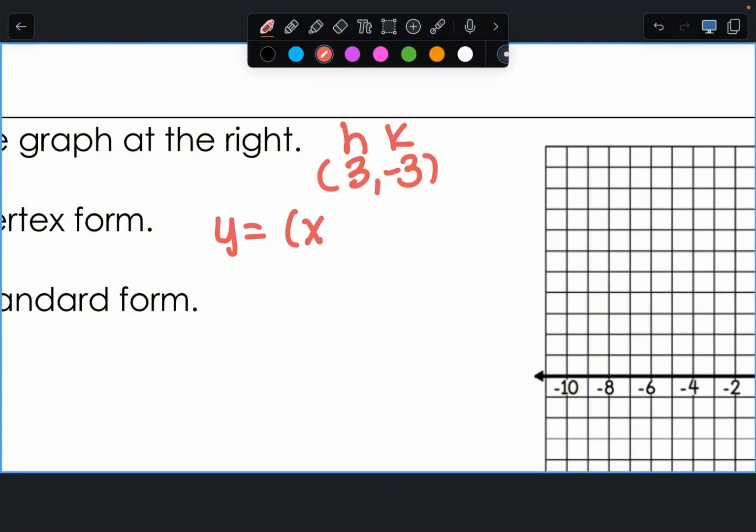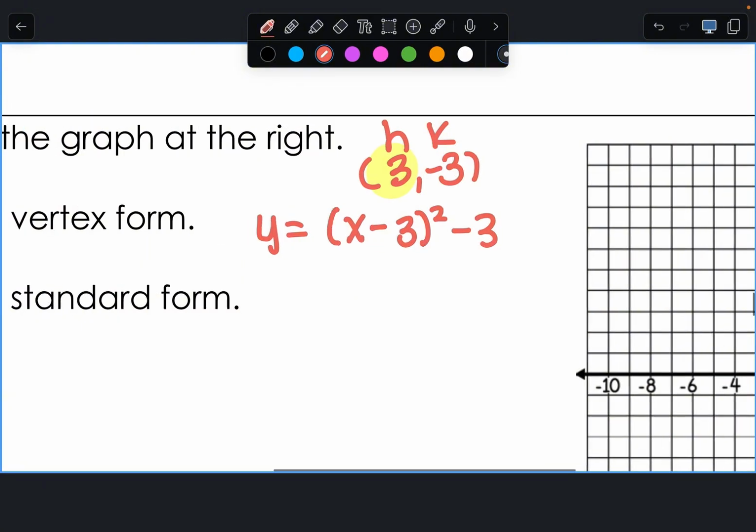Minus or plus 3? You're plugging in a positive 3. It'll stay as minus 3, guys. And then bring the k down. It'll still stay as a minus 3 because you're plugging in a positive, right?